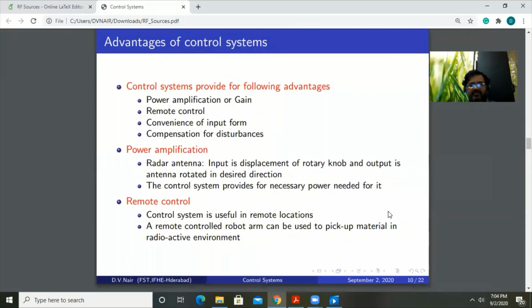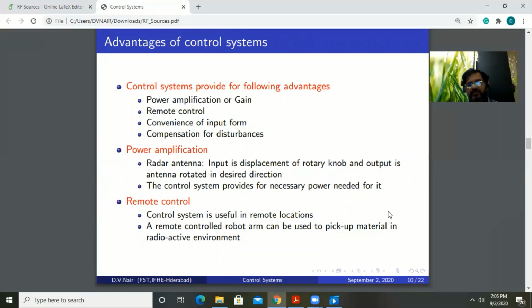Now if we want to summarize the advantages of a control system, we can say that a control system provides the following advantages: power amplification or gain, and remote control, where we are not in the scene of action but sitting in an AC cabin and doing all the control actions. That is allowed by the design of an efficient and good control system.